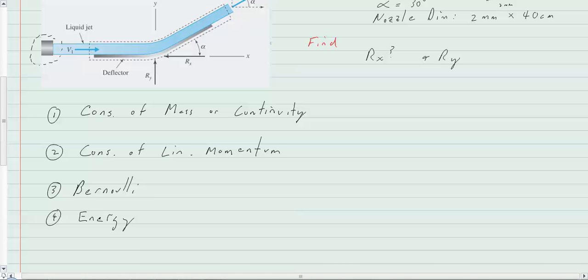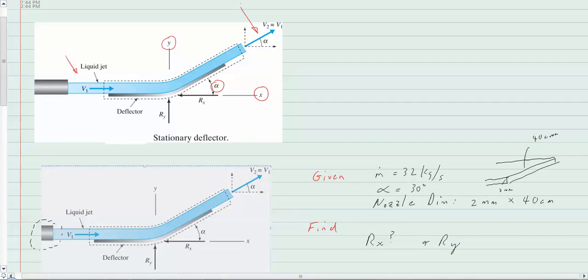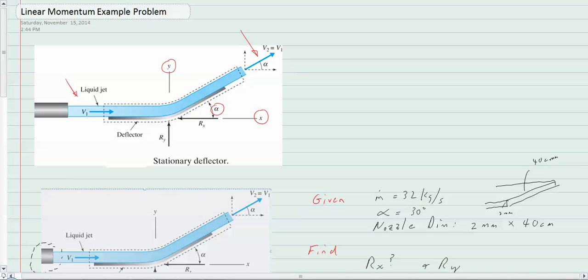First, it's important to understand the velocities entering and exiting. As you saw up here, we assume that the velocity entering equals the velocity exiting, because the pressures are not changing and the elevation is not changing. So from Bernoulli, we could say that the velocities don't change.